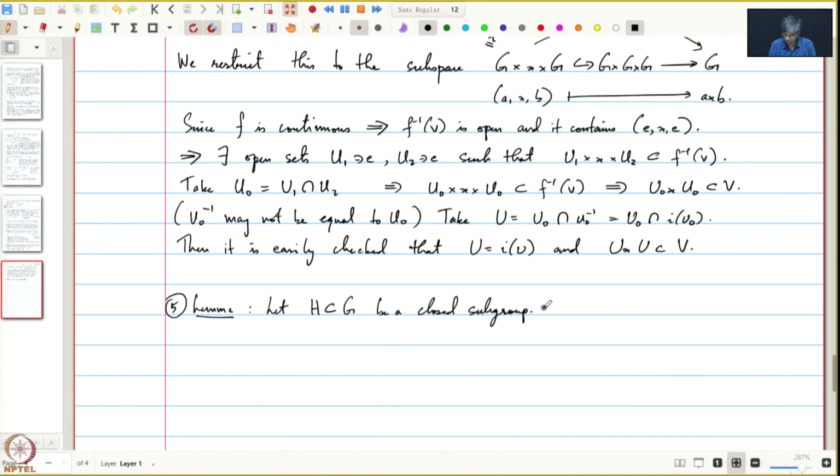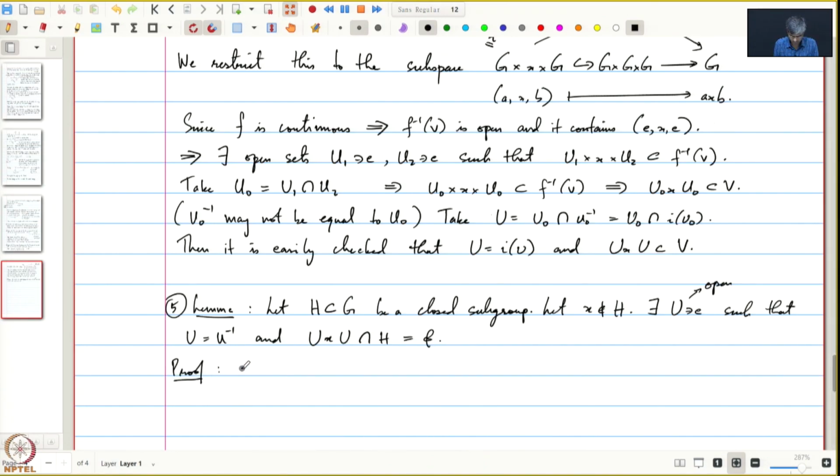Okay. So let X be an element which is not in H. Then there exists U containing identity, open, such that U is equal to U inverse and U times U intersected H is empty. So let us prove this.